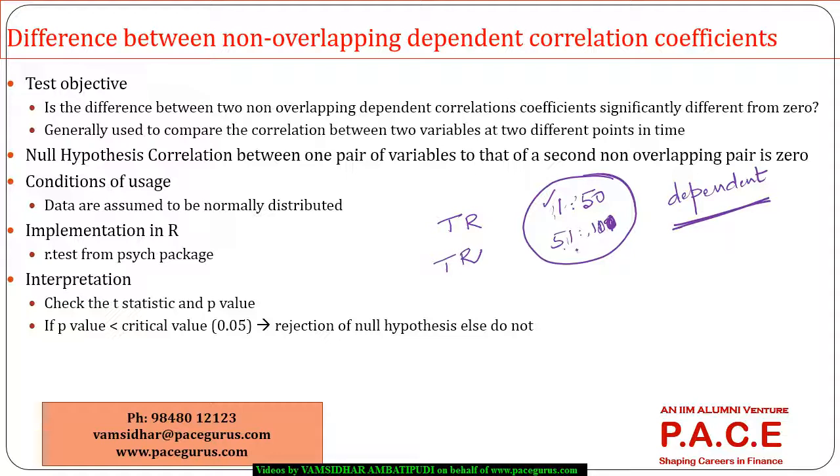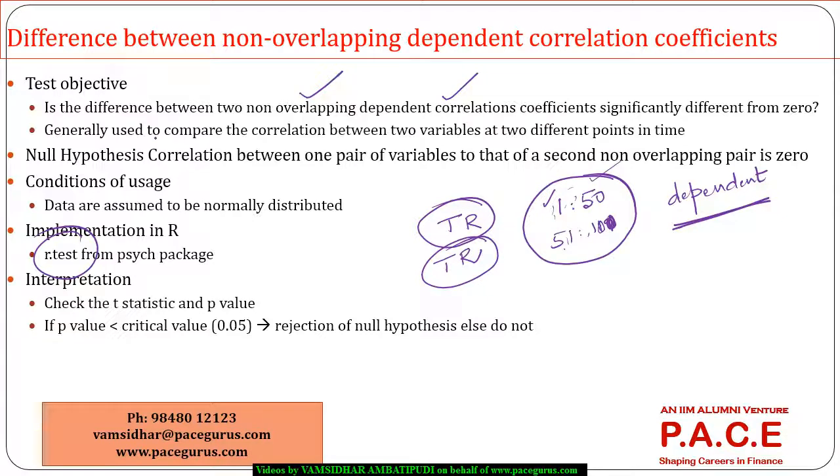But if I sense some kind of dependency between those variables, it's not advised to go with that paired.r. So rather than that, I am using the r.test from the same psych package. So here we are talking about two non-overlapping, but dependent sets of data. And I want to see now whether the correlation between the telecom and the reality sectors in the first 50 months is the same as the correlation between the telecom and the reality sector in the next 50 months.